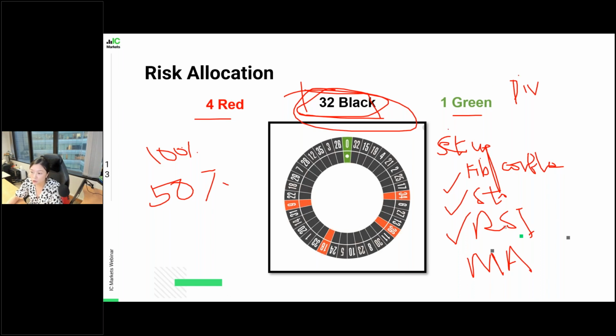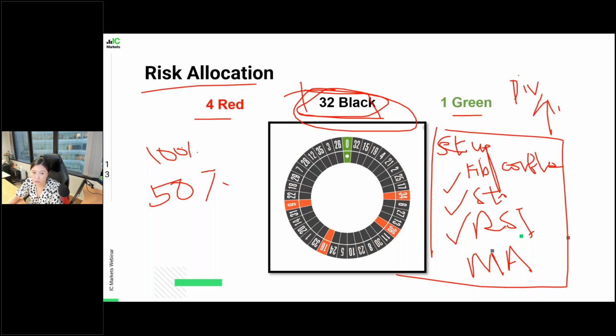But given a normal daily situation, if your setup is that great, naturally your risk allocation will be higher. So the point here is that a good setup means an increase in your risk allocation.